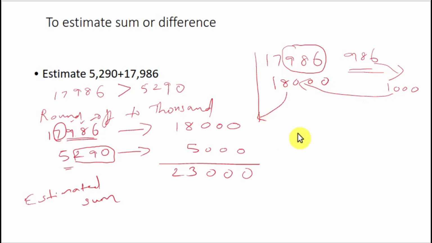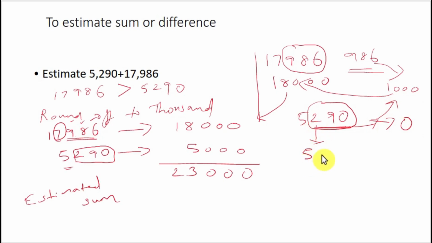Here 5290: when rounding off to 1000, we have to check these three numbers, 290. They are not close to 1000, they are close to 0. So 5290 is close to 5000. So I am writing it here. This is the estimated sum.